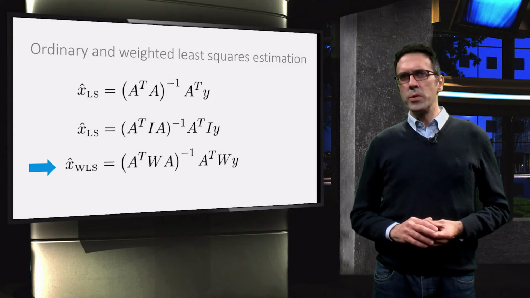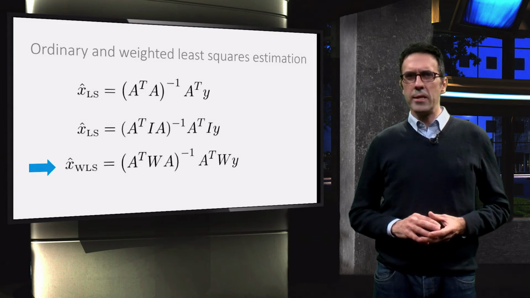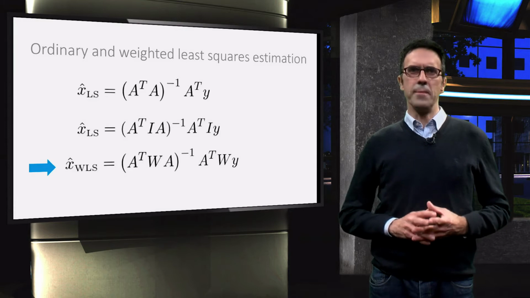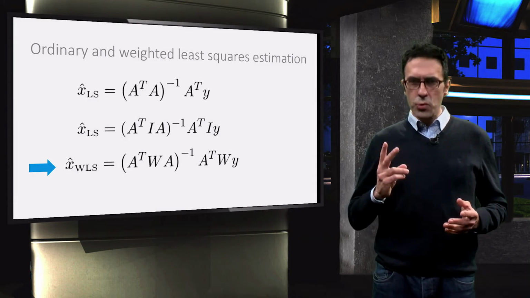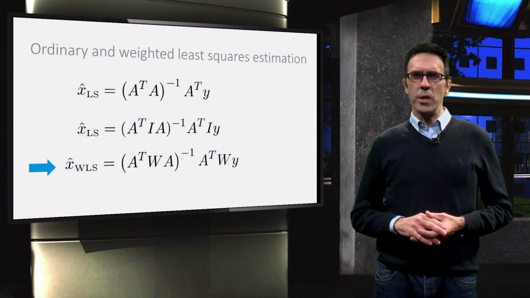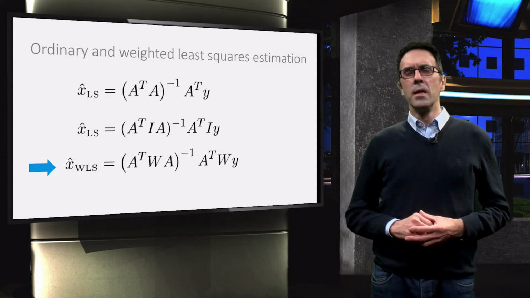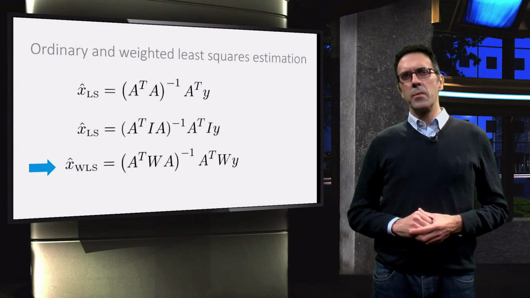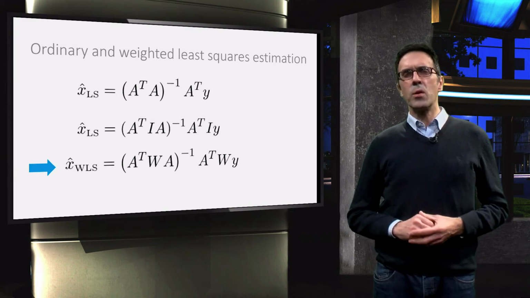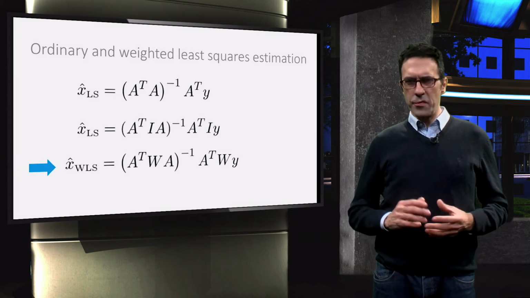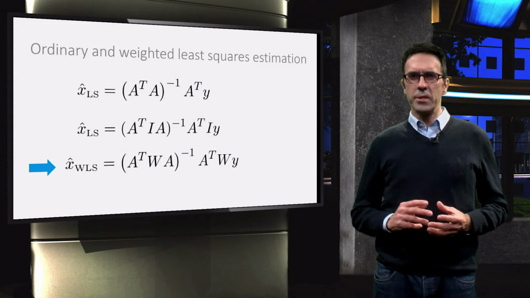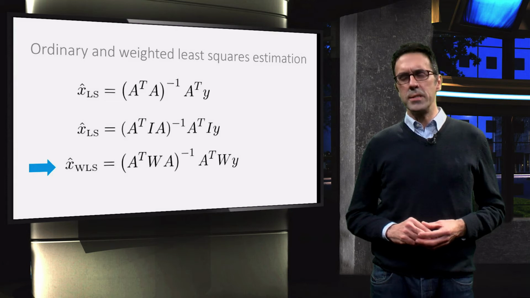With these equations, we now have the basic elements to obtain an estimate for x, given a specific set of observations y. Two remarks can be made based on these equations. First of all, we can see that the unweighted and weighted least squares estimates are basically treated in a deterministic way. The observation vector y is not underlined, which means that we are dealing with a particular set of observations.